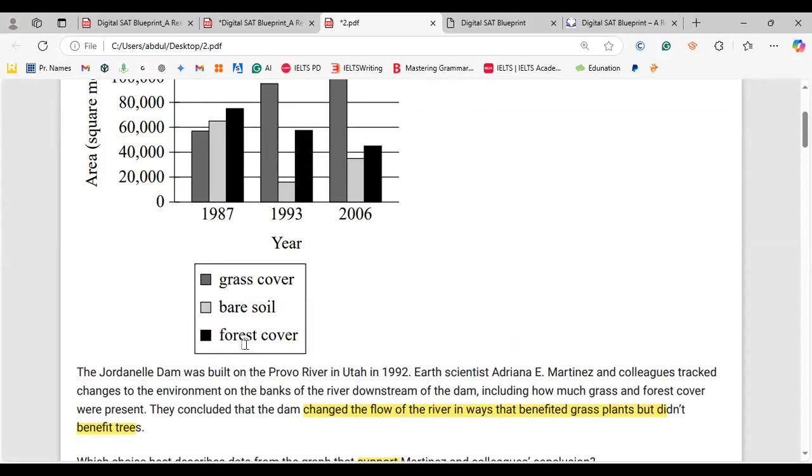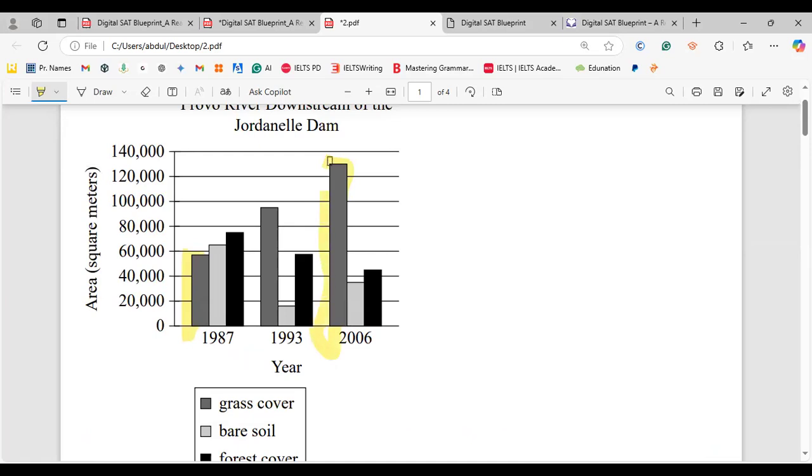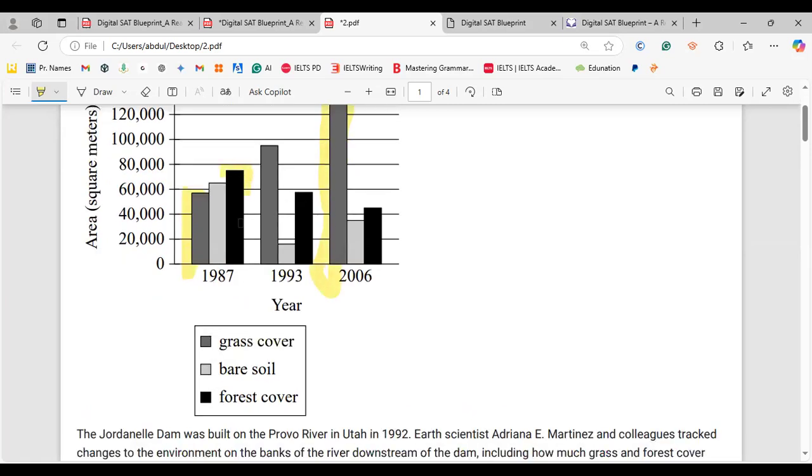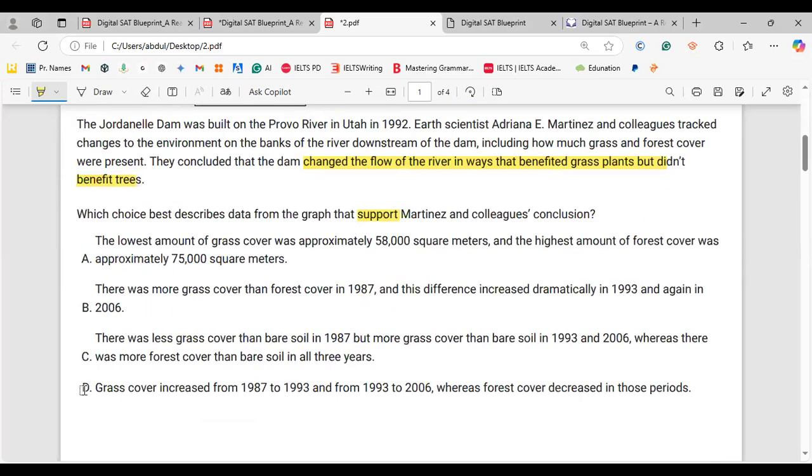I don't have to find a clear word saying trees, but forest cover is trees. Grass cover is in that color. Before the dam, this was the grass cover. After the dam, this is the grass cover. Before the dam, this was the trees cover. After the dam, this is the trees cover. So the dam benefited the grass cover, and the correct answer is D. Grass cover increased, whereas forest cover decreased.